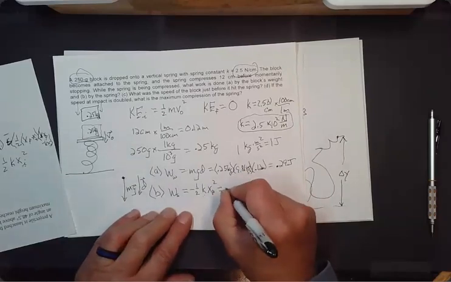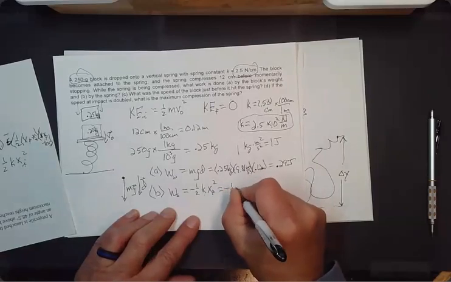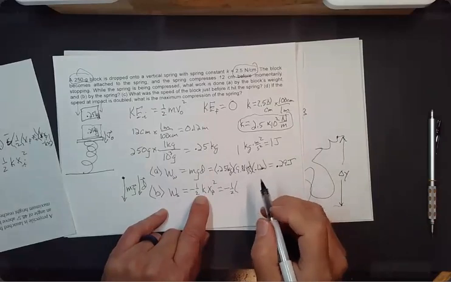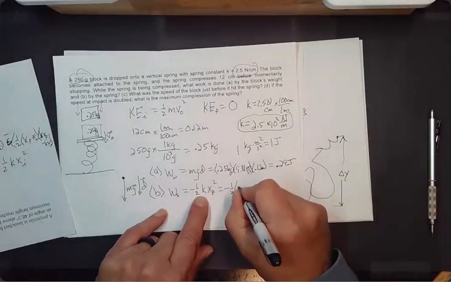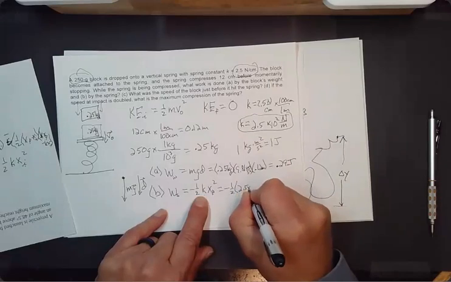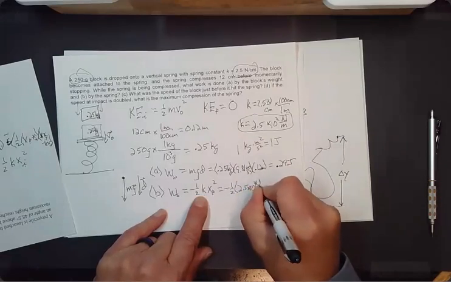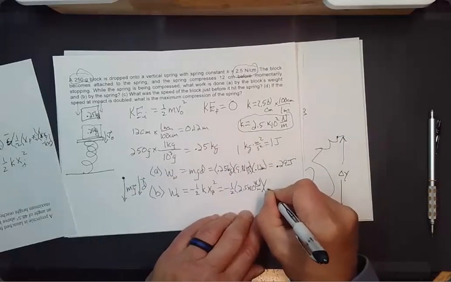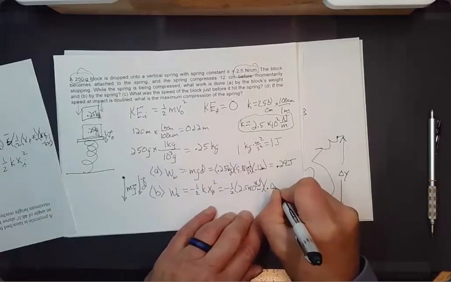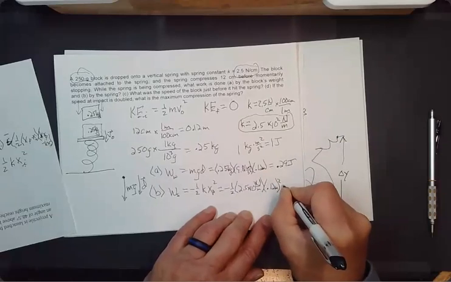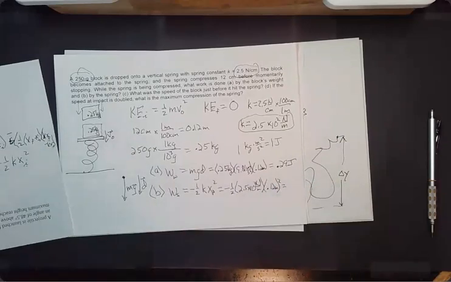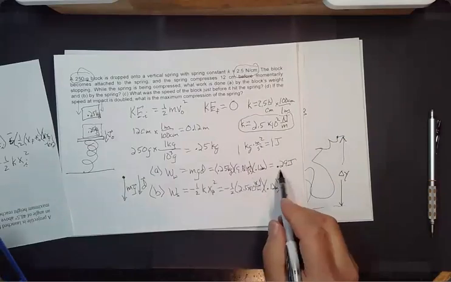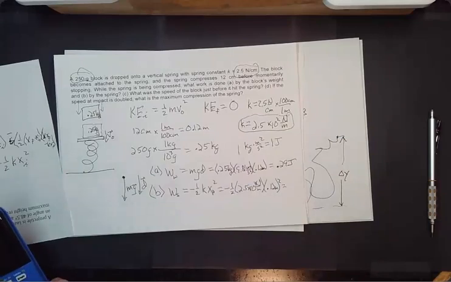So anyway, minus 1/2 times k, there it is, 2.5 times 10 squared newtons per meter times 0.12 meters, and that's squared. This will be what slows that thing down. Gravity would tend to speed it up because it does positive work during this stretch.